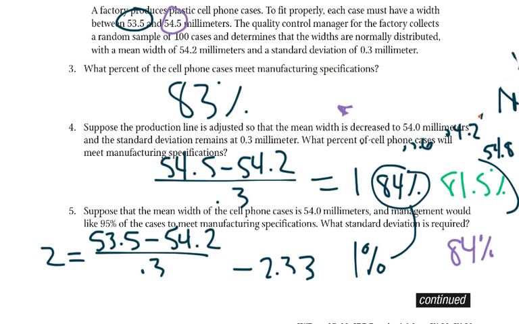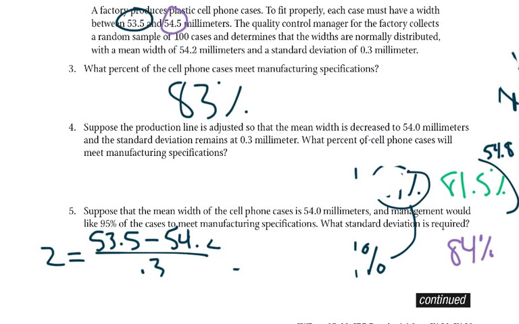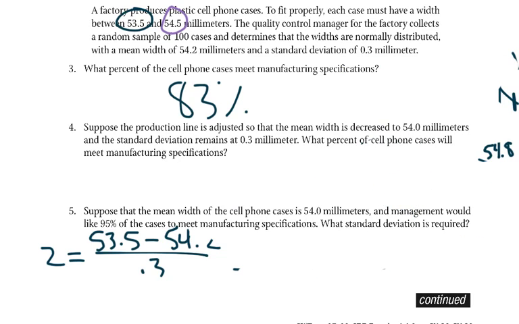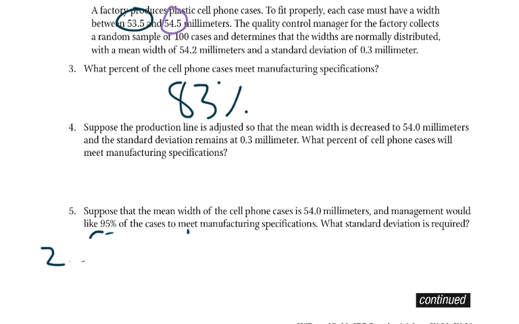Okay. Now it says suppose the production line is adjusted so that the mean width is decreased to 54 millimeters and standard deviation remains the same. What percent of cell phone cases will meet manufacturing specifications? So it's the same idea, we've just changed this number.